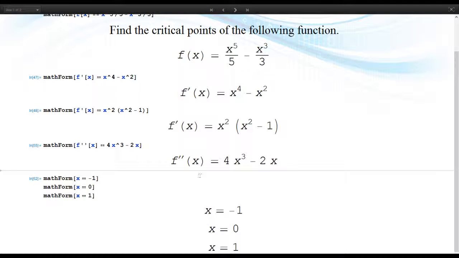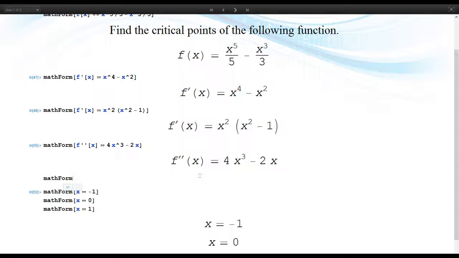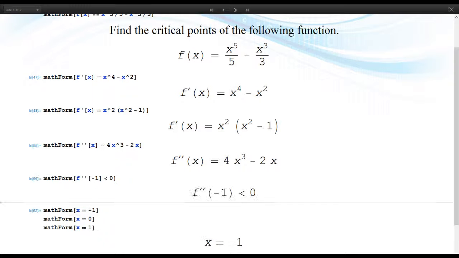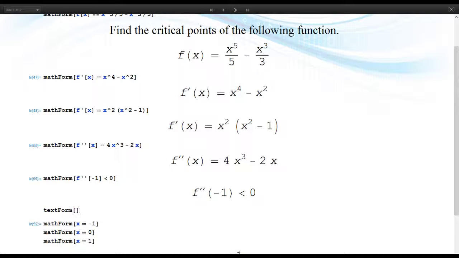So we know that f double prime of negative 1 is negative. The second derivative being negative at a critical point tells us that that critical point is a maximum of the function. So we have a local maximum at x equals negative 1.